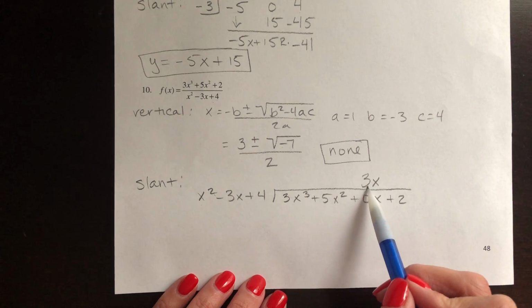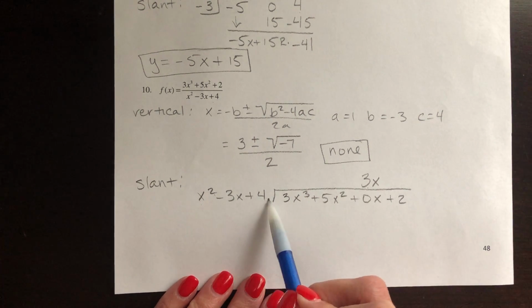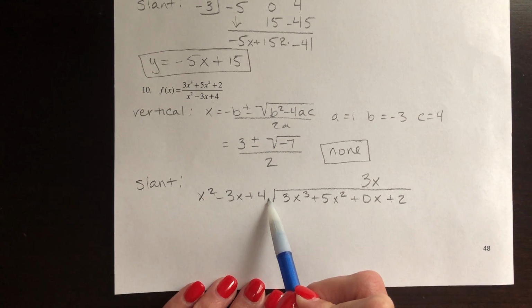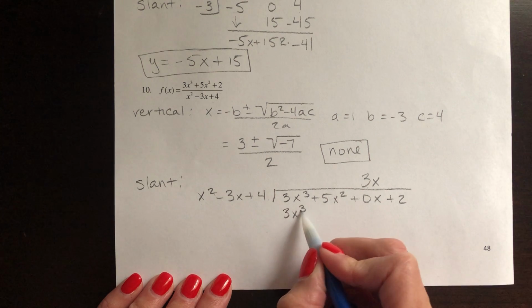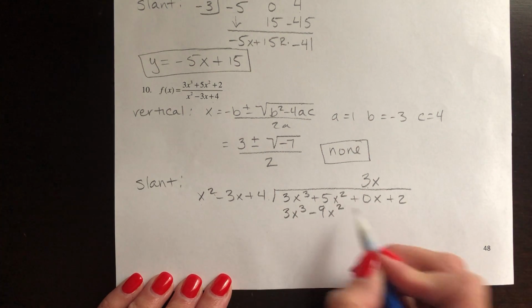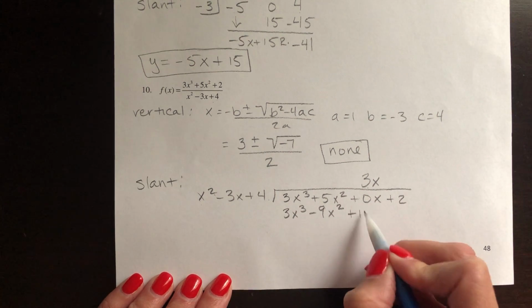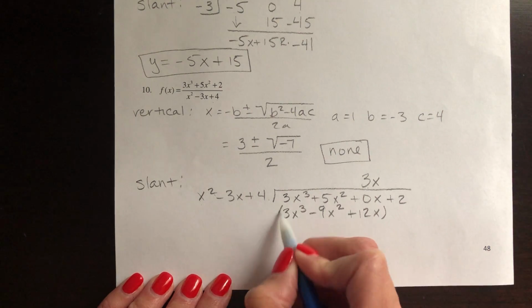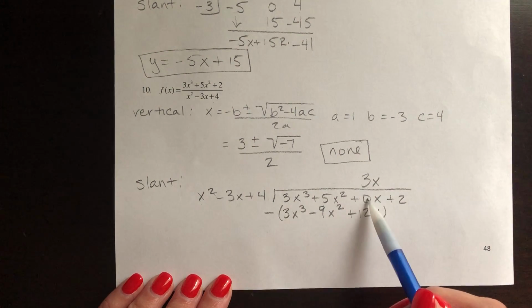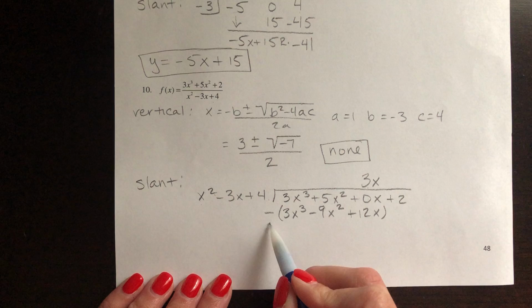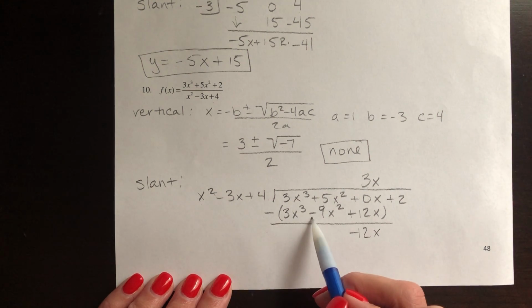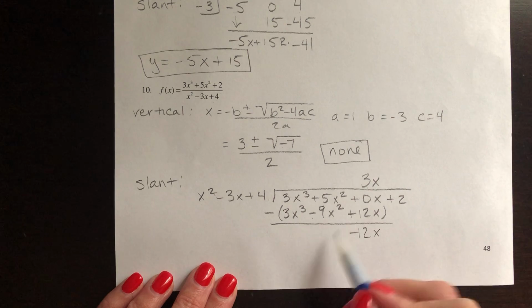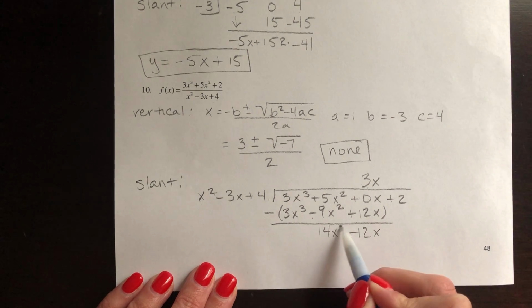And I'll take that 3x and distribute it through here by multiplication, and then subtract. So 0 minus 12 is negative 12.